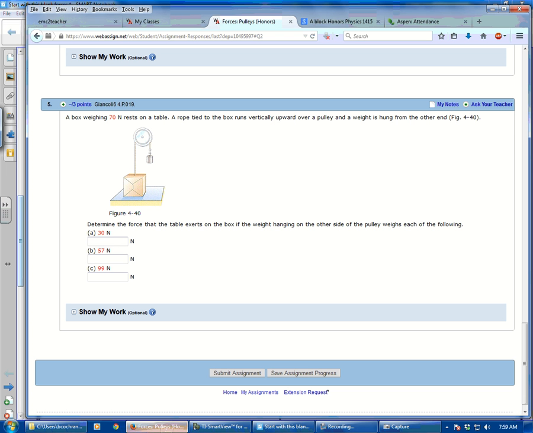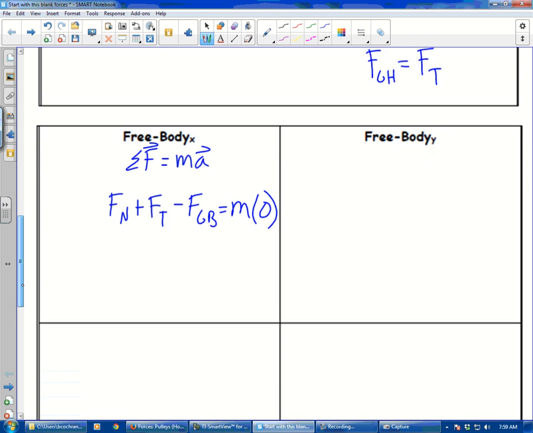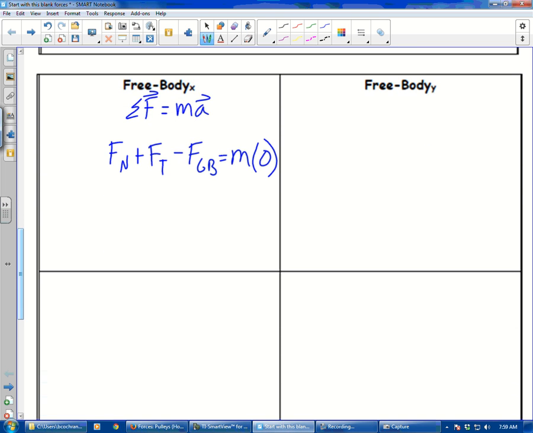They want us to determine the force the table exerts on the box, which would be the normal force. So, rearranging this to get normal force, I would have the normal force would equal the weight minus the force due to tension.